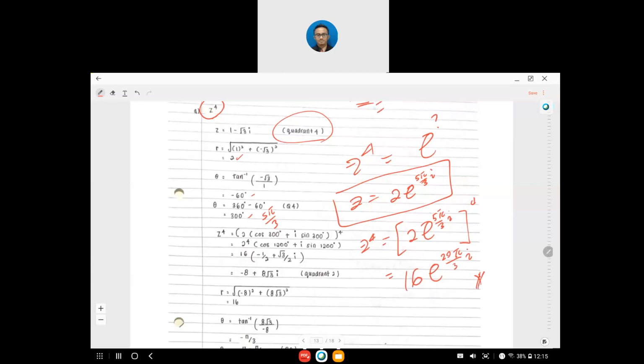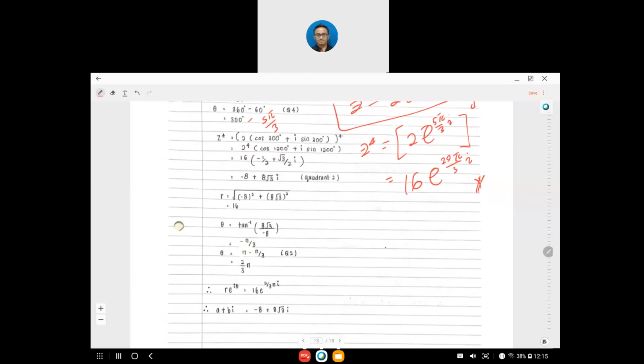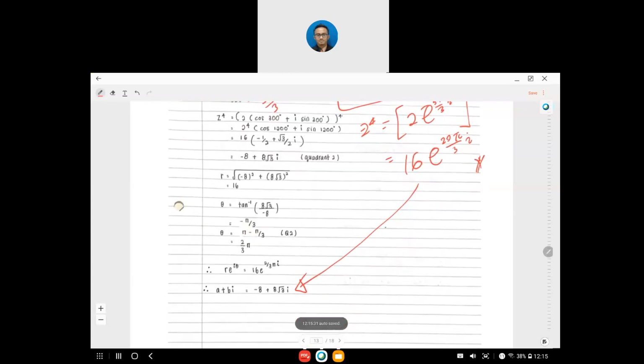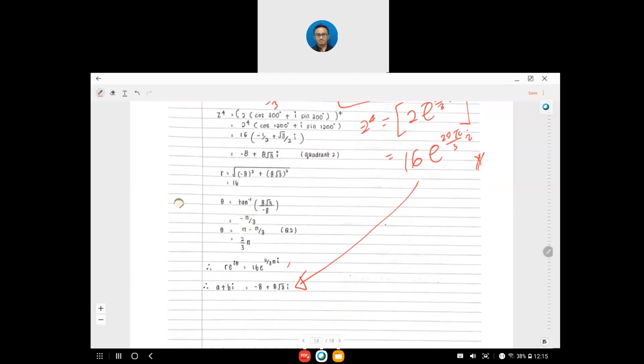The one they want in exponential form is this one, not this one. Then when you transform 16 exponent 20 pi over 3, you can get negative 8 plus 8 root 3i. Okay?